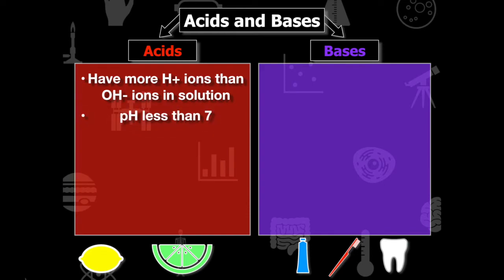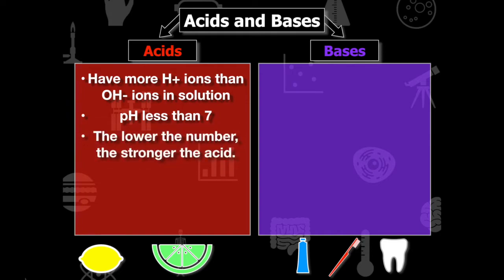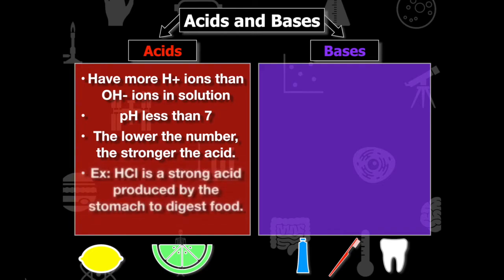The pH numerically is going to be less than 7, and the lower the number, the stronger the acid. An example is hydrochloric acid, a strong acid in our stomach to digest food. This is going to be at a pH value of maybe 1 to 2 to 3, and that's going to be more acidic than an acid that might be 5 to 6, and then 7 would be neutral.